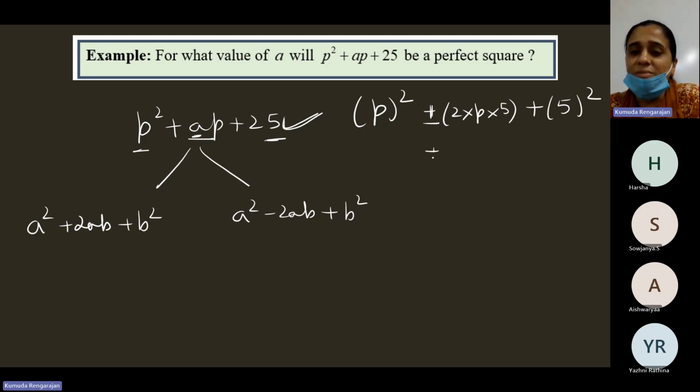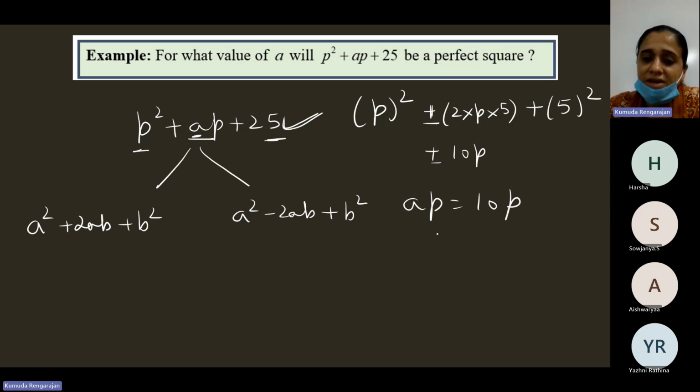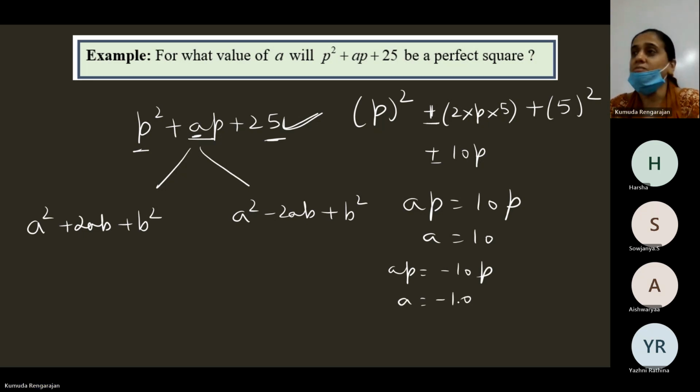So the middle term can be plus or minus 10p, right? Can be plus 10p or minus 10p. So if ap is equal to plus 10p, then a is 10. If ap is equal to minus 10p, then a is minus 10.